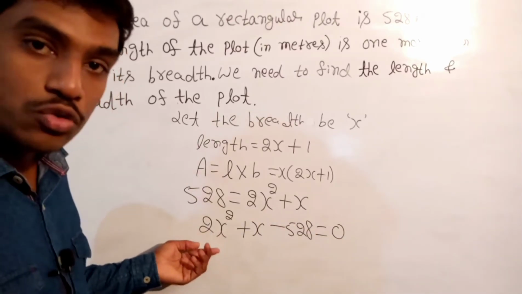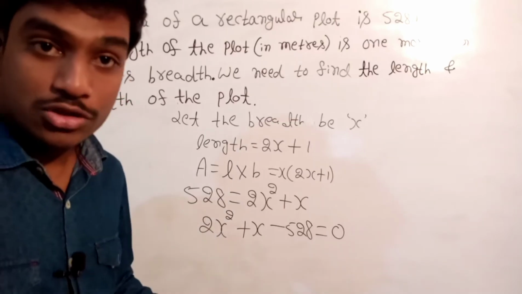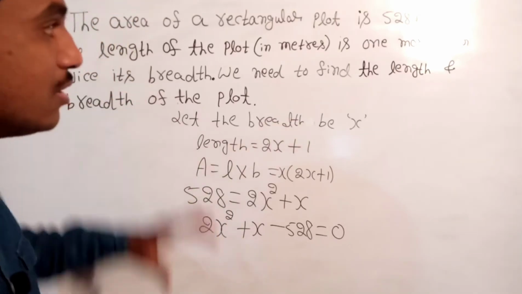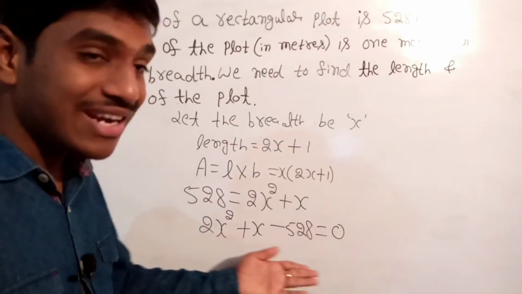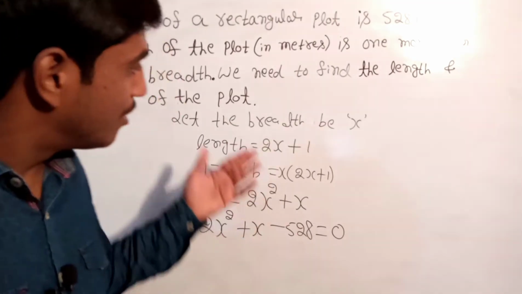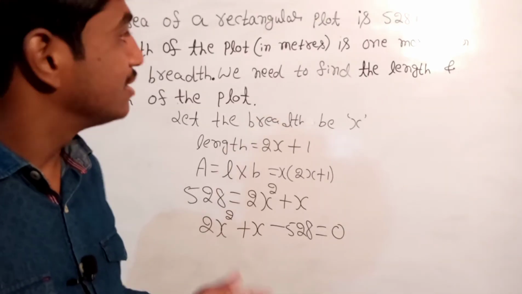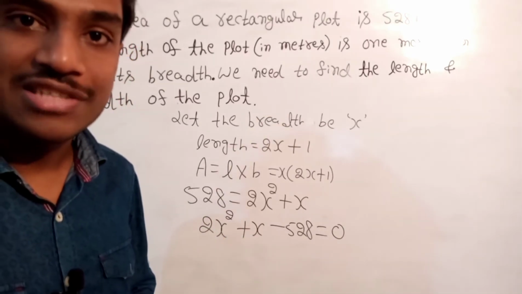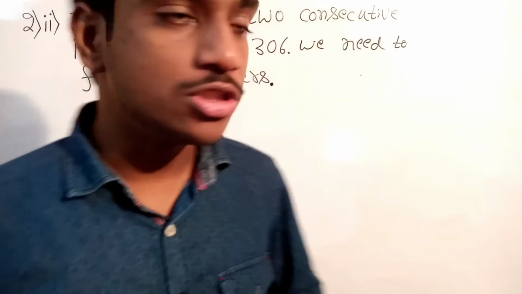The value of a is 2, the value of b is 1, the value of c is minus 528. So we have represented the given problem in terms of a quadratic equation. We have not solved it, but we have represented it in terms of a quadratic equation, and that's it about the first sub question. Now let's discuss second sub question.